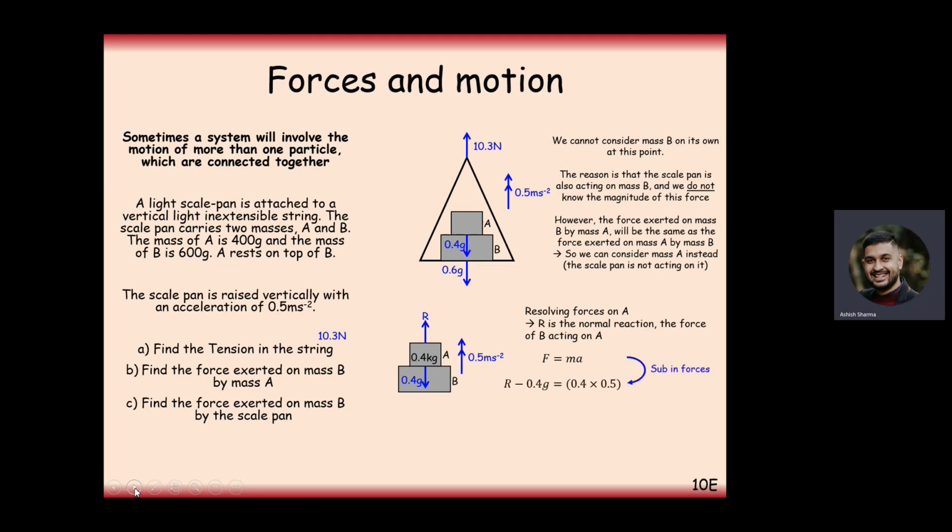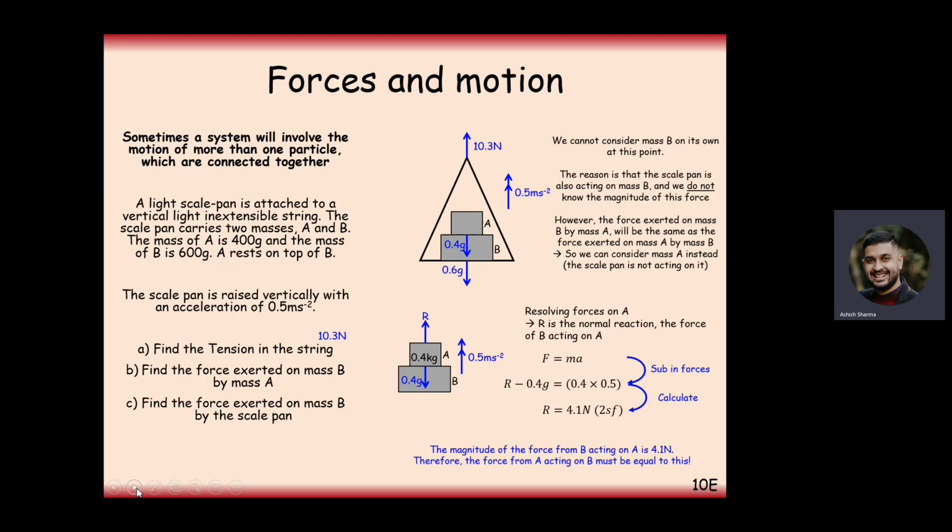If you take up to be positive, the resultant force would be R minus 0.4g, and that's equal to ma, which is 0.4 kilograms for block A times 0.5. So the actual answer is 4.1 newtons.